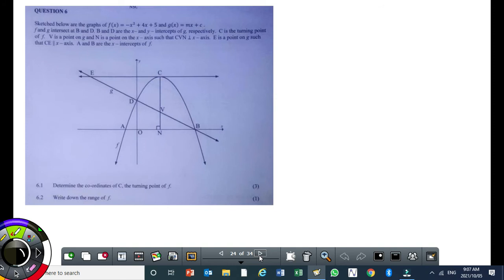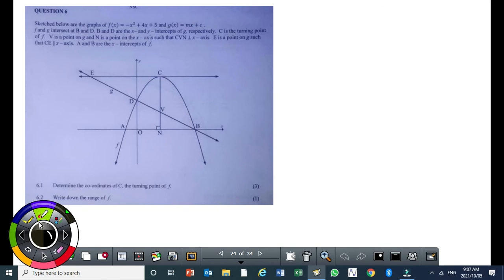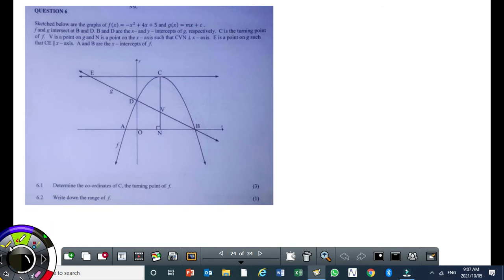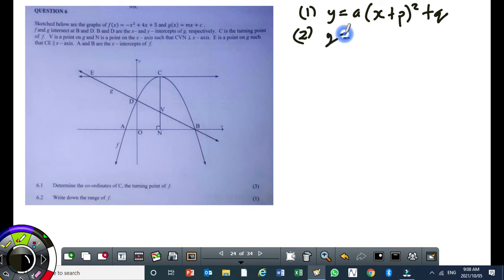All right. The quadratic function. With the quadratic function, it's very important for you to know that the quadratic function has three general forms. You have what's called the turning point form, which is y equals a times (x plus p) squared plus q. We also have the standard form, which is y equals ax squared plus bx plus c.